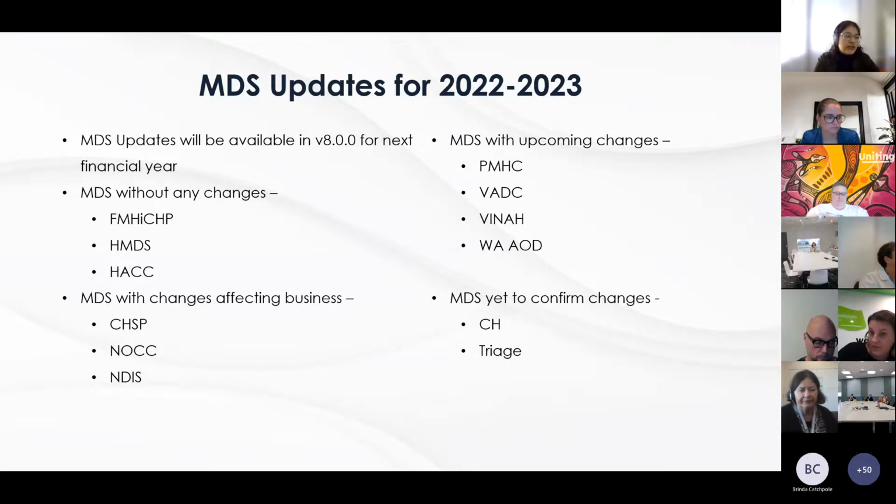There are changes coming in to 4 of the MDSs that are listed here: PMHC, VADC, VINA, and WAOD. So PMHC, they've released a certain identifier management system, which we're already compliant with, but they also have a reserve tagging system, and some of our clients would like to take advantage of that tagging system.